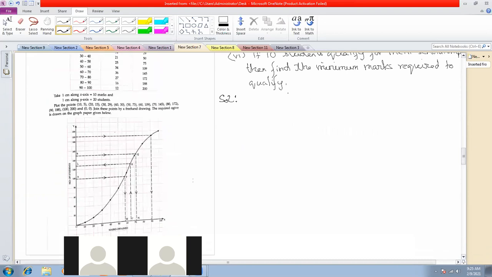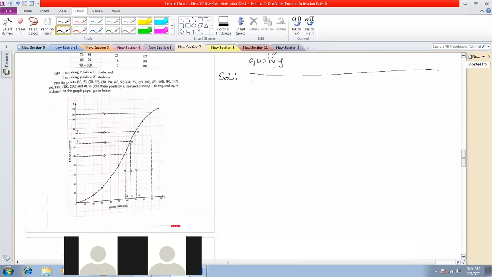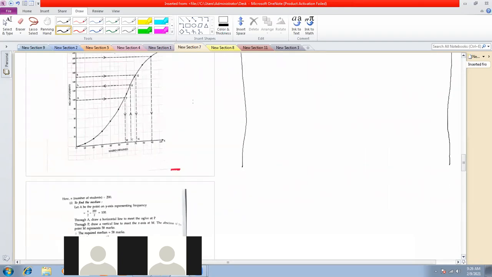Let us draw the columns here. Three columns will be required. The first will be for your class boundaries, in this case marks. The next column will be for your frequency, which is the number of students.